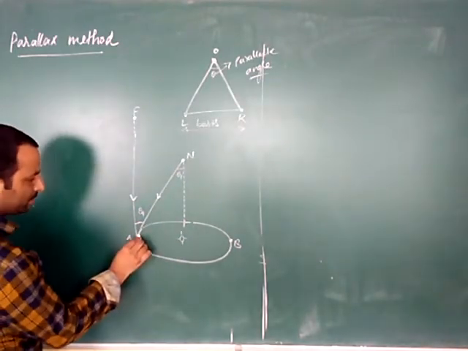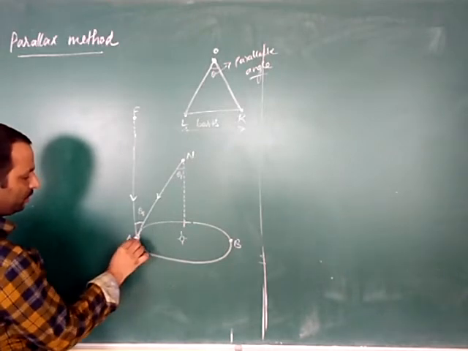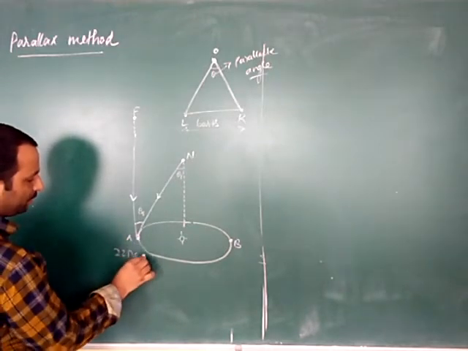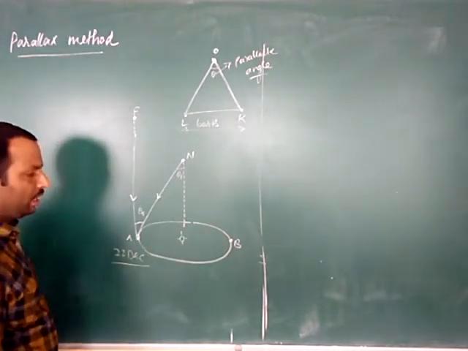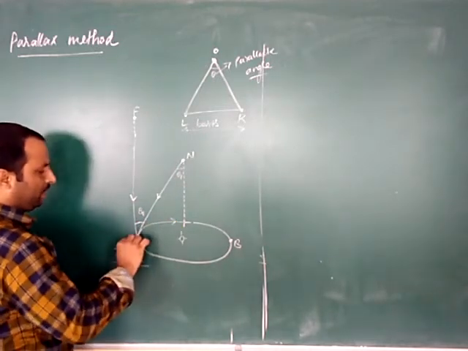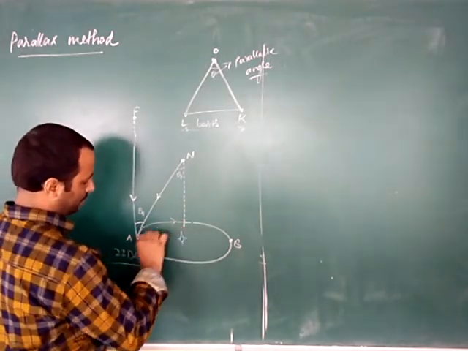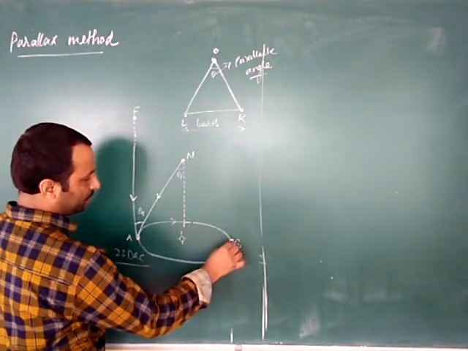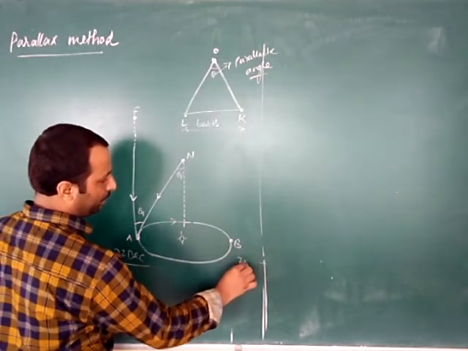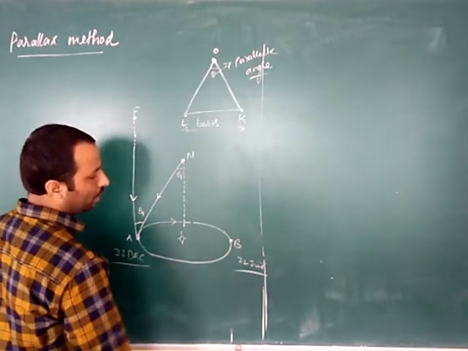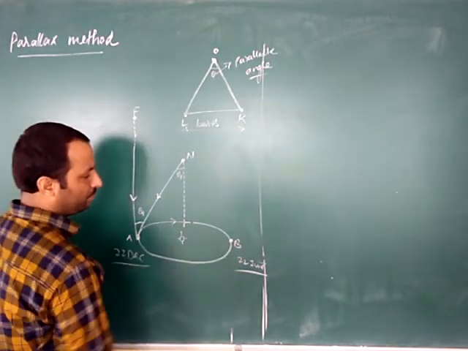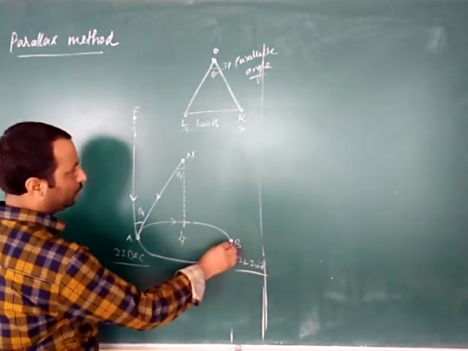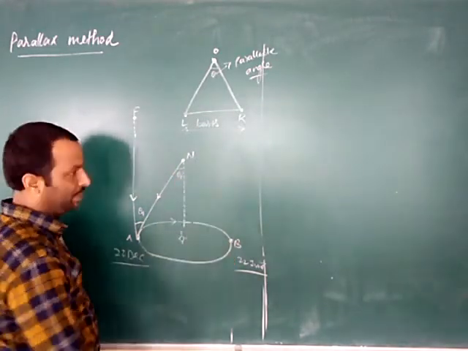So this observation of theta 1 was measured, let us suppose, on 22 December. Again after 6 months, when the earth has moved in the orbit and reached point B, let it be 22 June, the position of the nearby object is determined.